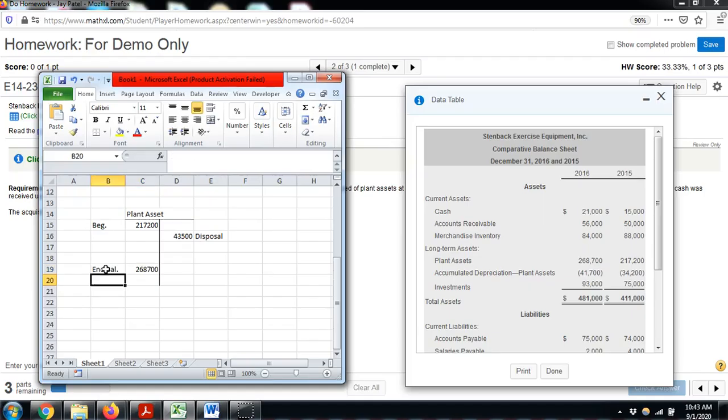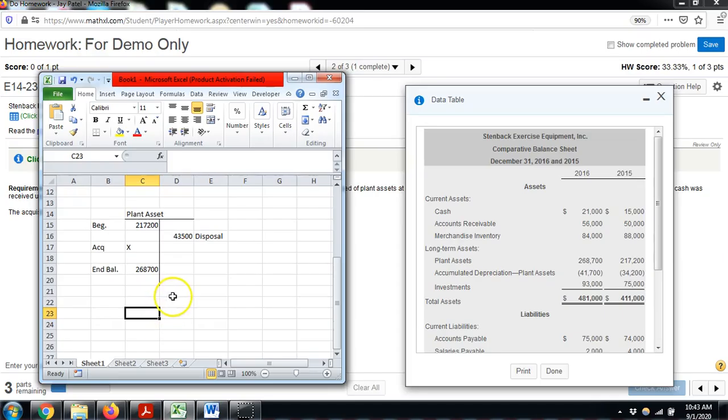So then we have some acquisition, and it's X. So we basically have to solve for this X. This is what this question is asking us to do. So we can take our beginning balance minus this disposal plus X equals this ending balance.